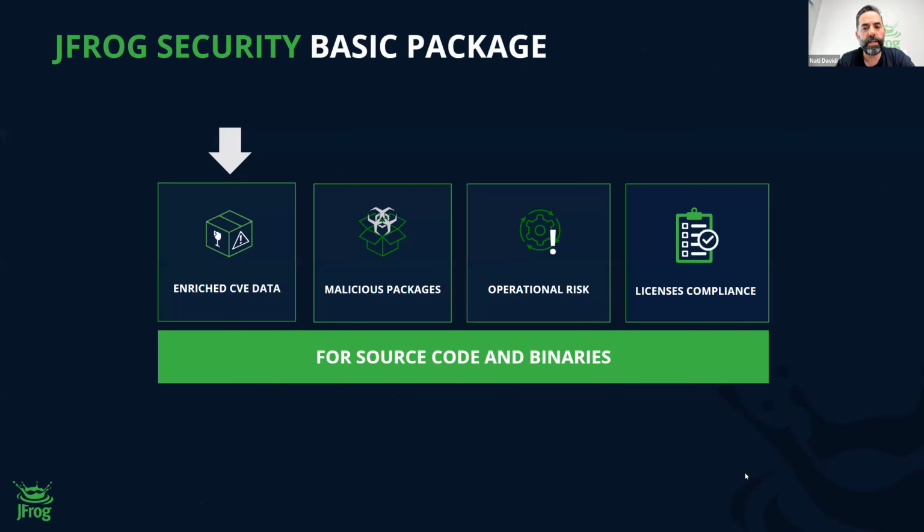The first one is the basic security package that can be easily used, tested or demonstrated by accessing our website. It is what we call Xray. Xray today is an enhanced software composition analysis solution that allows identifying CVEs, malicious packages, operational risk issues, and of course compliance issues related to licenses relatively easily, both on source code and on binaries.